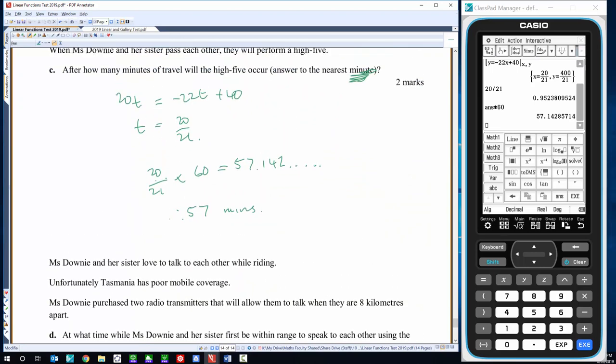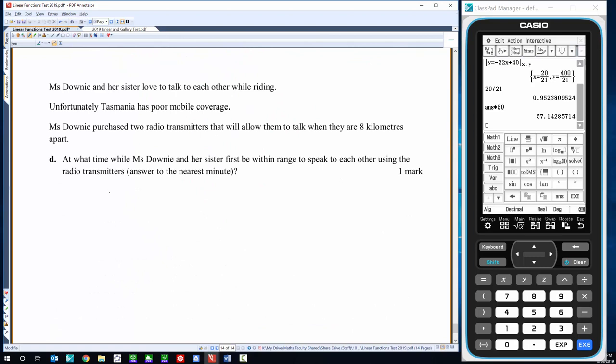That is, they were equal to each other. So what we're going to say here is negative 22t plus 40, subtract, so this is Ms. Downey's sister, subtract 20t. I want to know when this removing this is equal to 8.